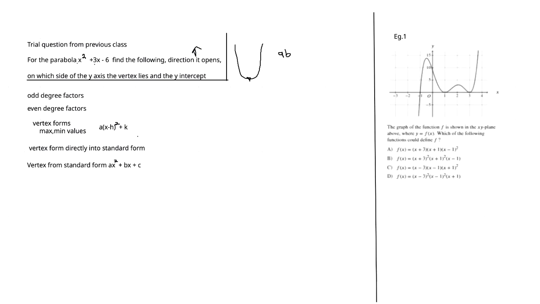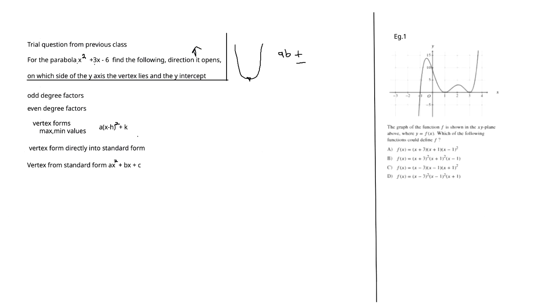Since the sign of AB is positive, then it means that the sign of the x coordinate of the vertex would be negative.